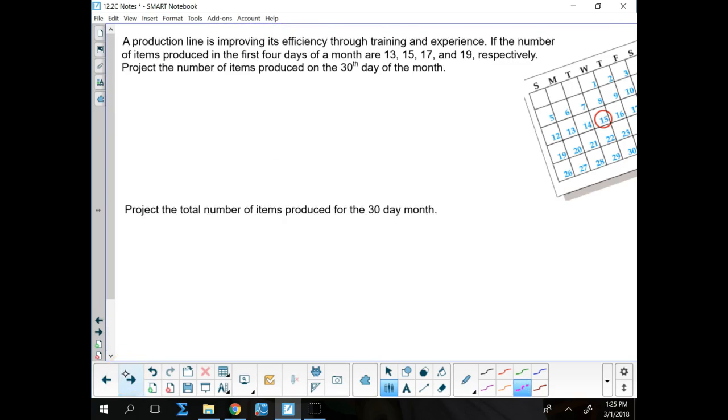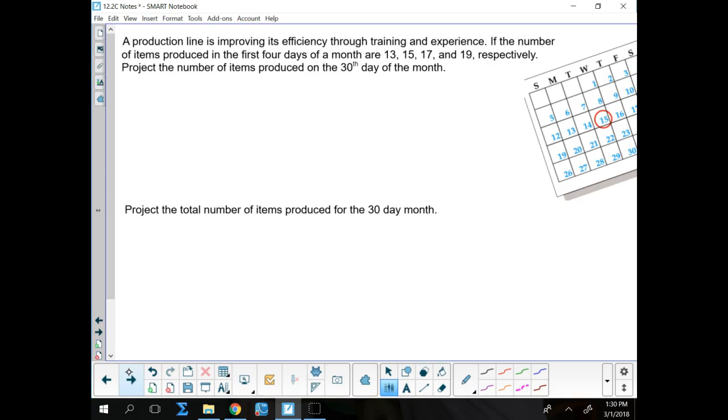I would like you to try this problem. A production line is improving its efficiency through training and experience. If the number of items produced in the first 4 days of the month are 13, 15, 17, 19 respectively, project the number of items produced on the 30th day of the month.